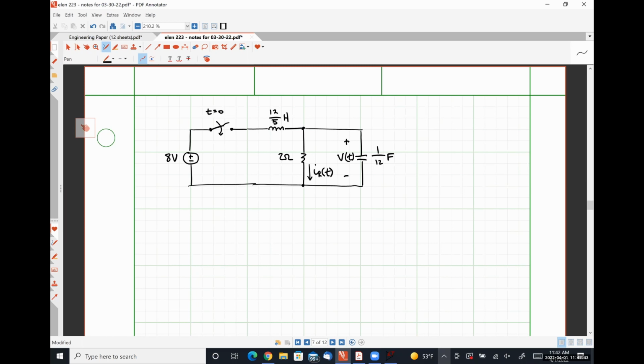So during the transient condition, this switch is closed, so it's a short circuit. With a dead network, the 8-volt source is also a short circuit, which means our inductor is in parallel with our resistor, which is in parallel with our capacitor. So it's a parallel RLC network.